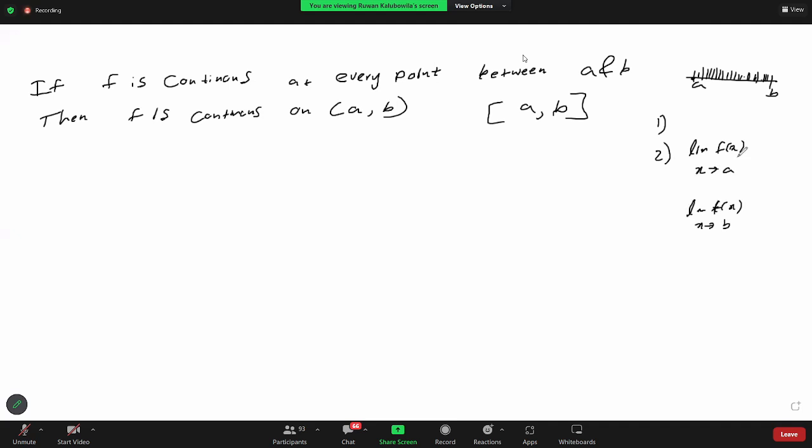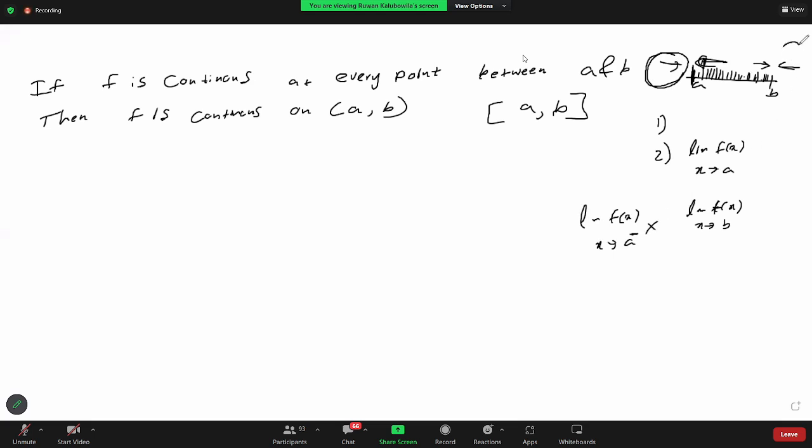Because normally when a limit is defined, you have to come from the right end and the left end. This point also should be valid, so you have to check from both ends. But when you consider the point A, you cannot consider the left end. You can only see the right end, because this range is within A and B. You are considering the function within this range, so this is out of range.